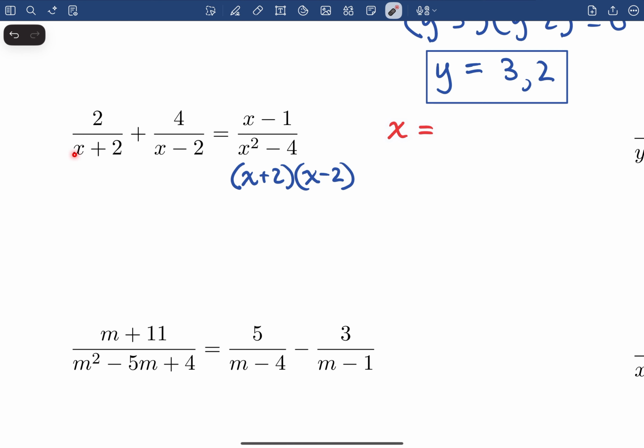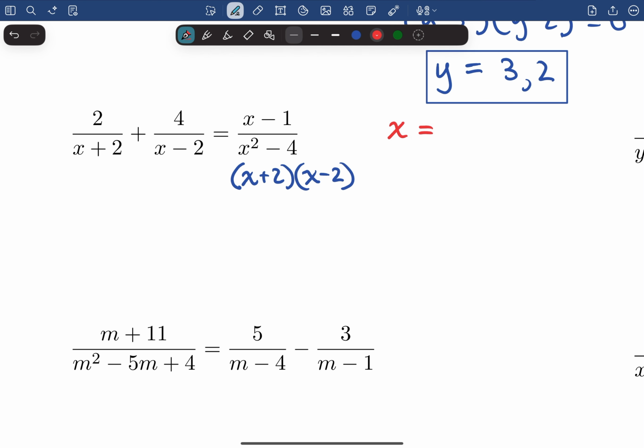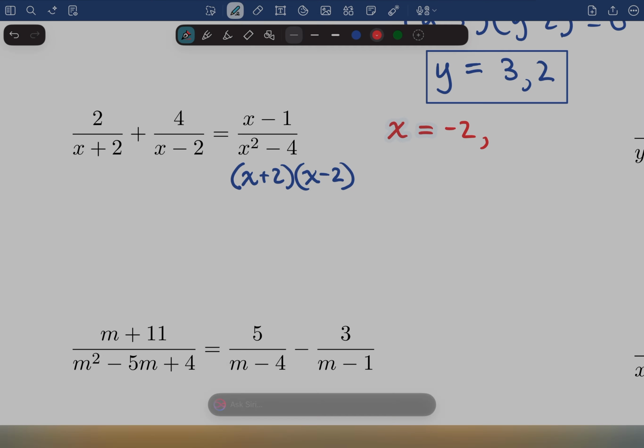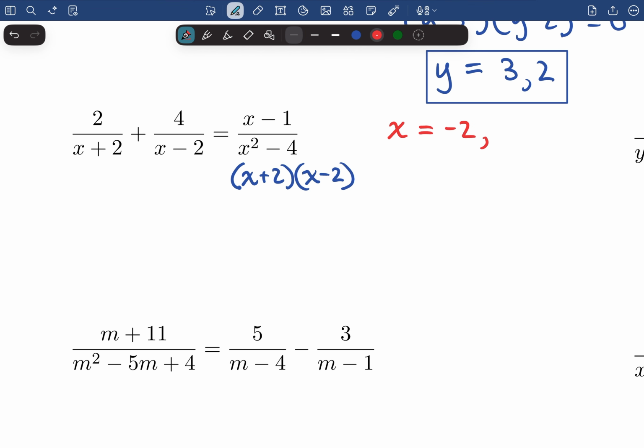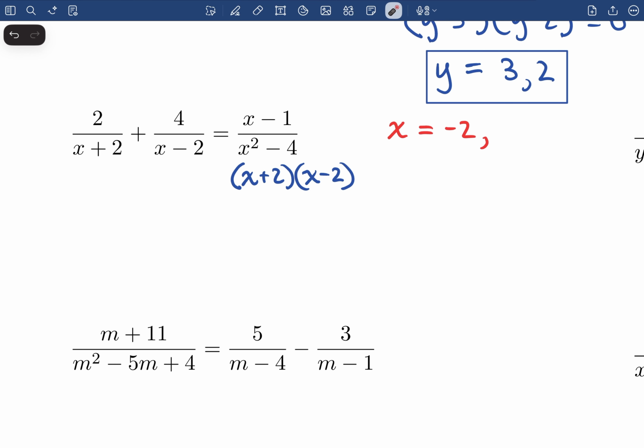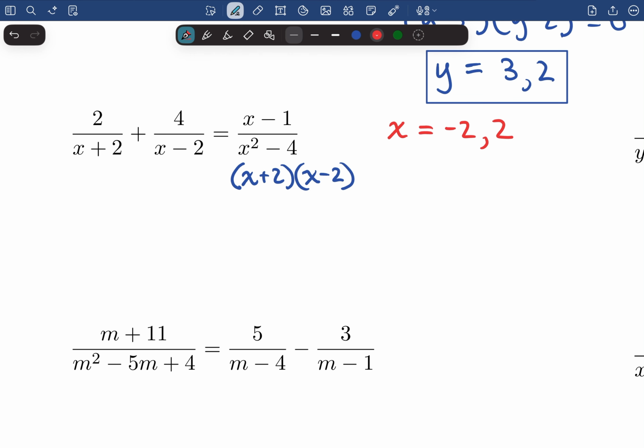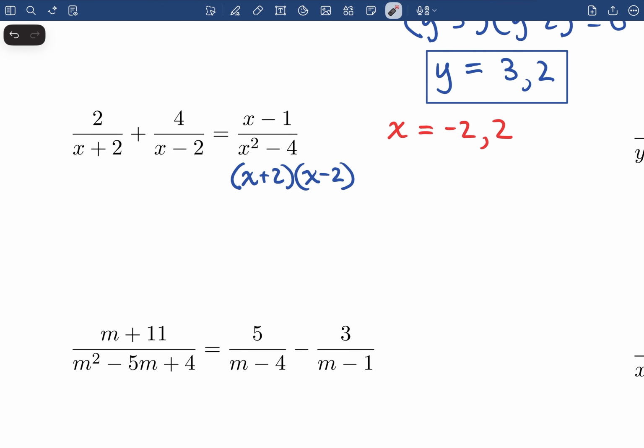If x is negative 2, then plus 2 would be 0, and that would cause this denominator to be 0. So negative 2 would be an extraneous solution if I got it at the end. And another one is positive 2, because 2 minus 2 equals 0. So positive 2 would cause this denominator to be 0.